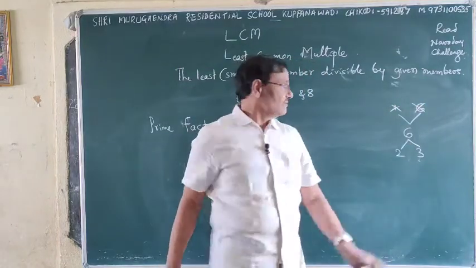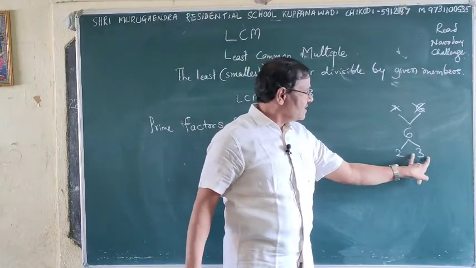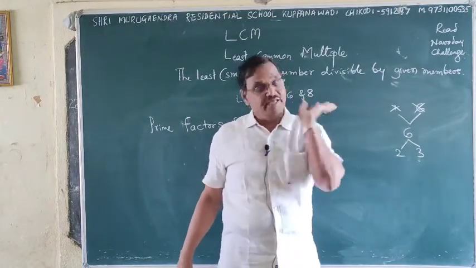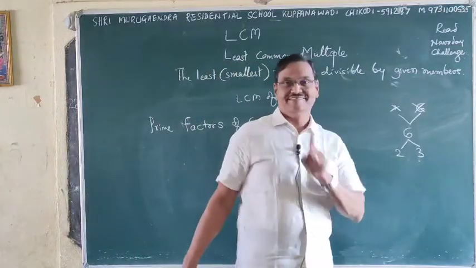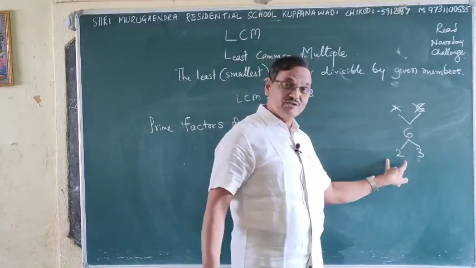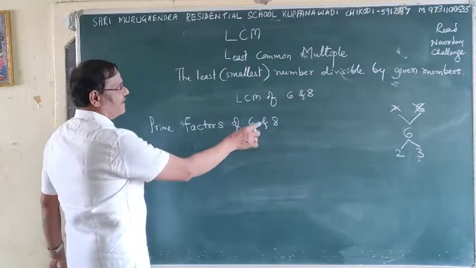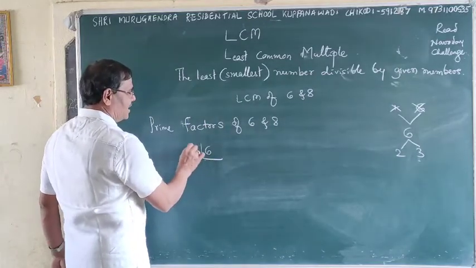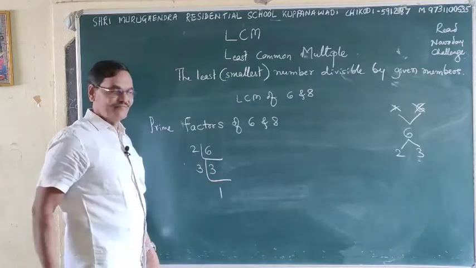In the prime factorization method, 2 and 3 are the prime factors of 6. Isn't it? Means divisors. 6 is divisible by 2 and 3. Okay. See, prime factors of 6 are 2 3s are 3 1s are.